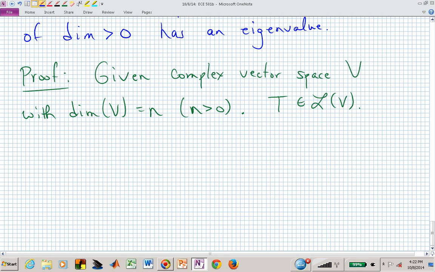So that's given. Now let's choose a vector v in the vector space V, and make sure that vector is not the 0 vector. So v is not equal to 0.